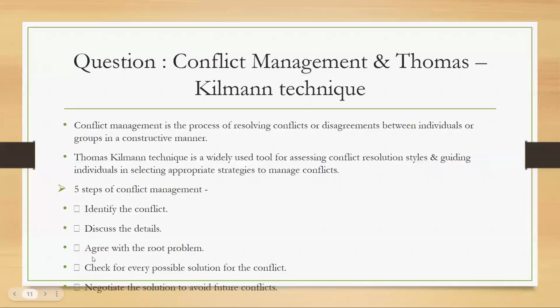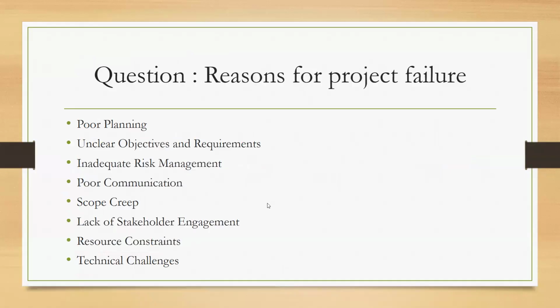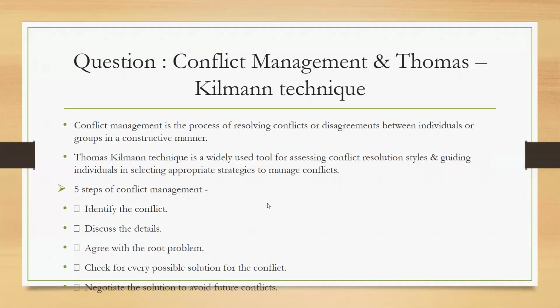Then agree on the root problem. The next step is that you need to agree on the root problem. Whatever problem you're facing, you need to find what the root problem is. Then you should mutually agree, this is the root problem we need to solve, and then you can solve it.